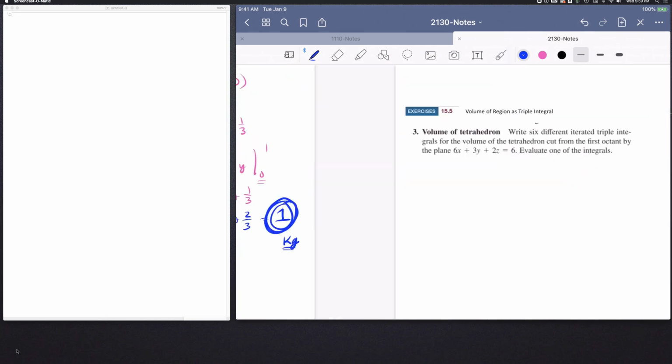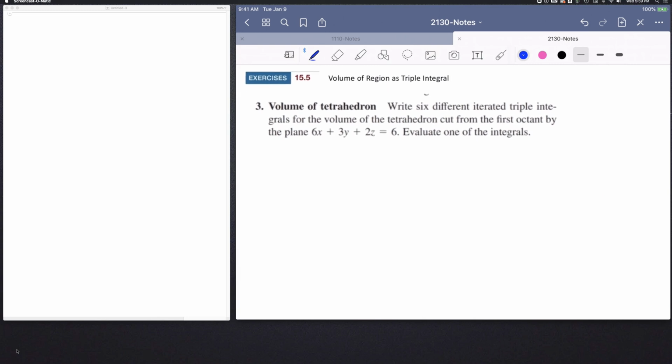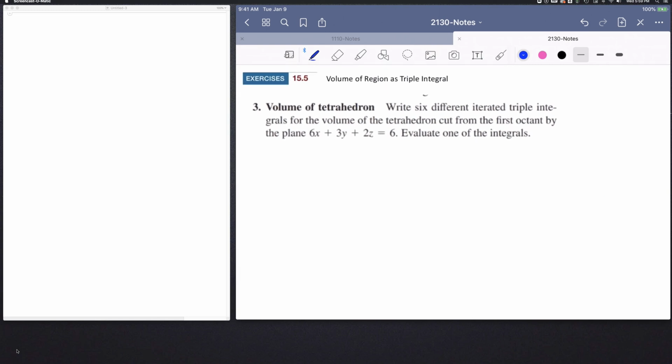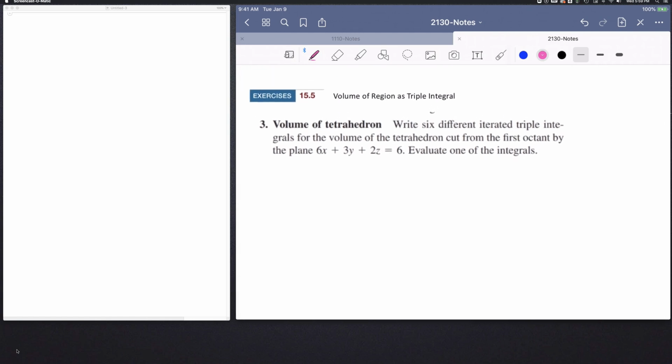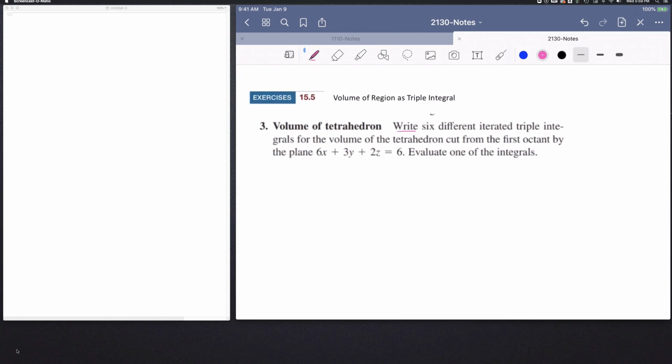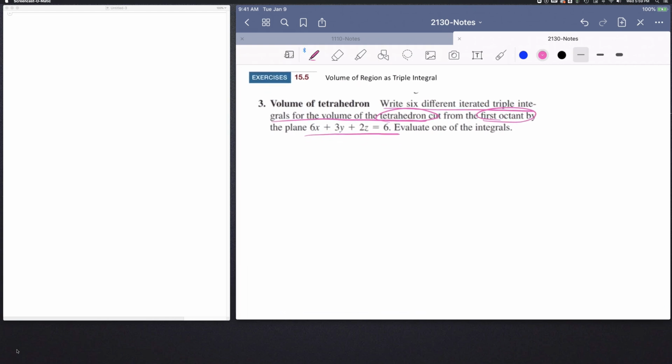Okay. Problems get more interesting when there is less information given. So this problem says to write the 6 different triple integrals for the volume of the tetrahedron that's been cut from the first octant by this particular plane. There is seemingly not a lot to go on here.